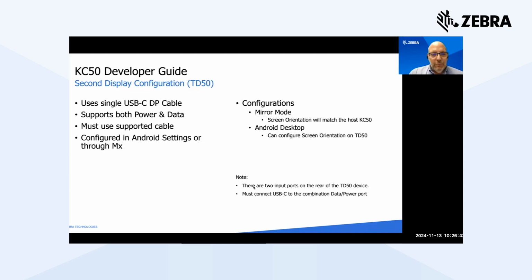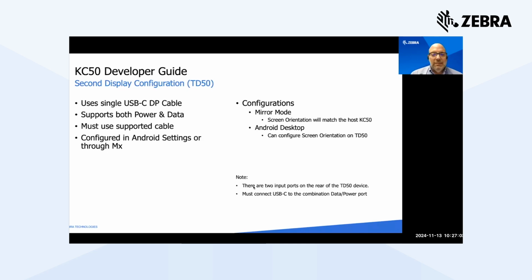You can configure different modes, and I think Leslie's going to get into more detail on this, but basically you can do mirror mode and Android desktop mode. Mirror mode will just specifically mirror the screen from the KC50. Orientation will be maintained, so if the KC50 is in landscape, the second display will be in landscape, and same with portrait mode.